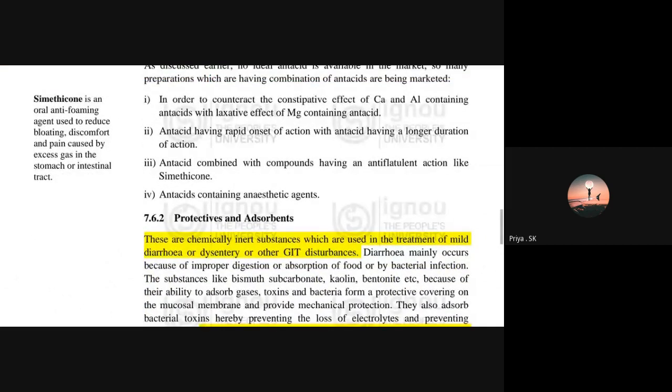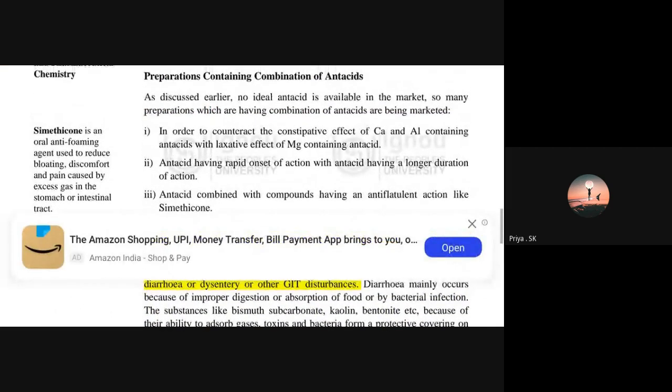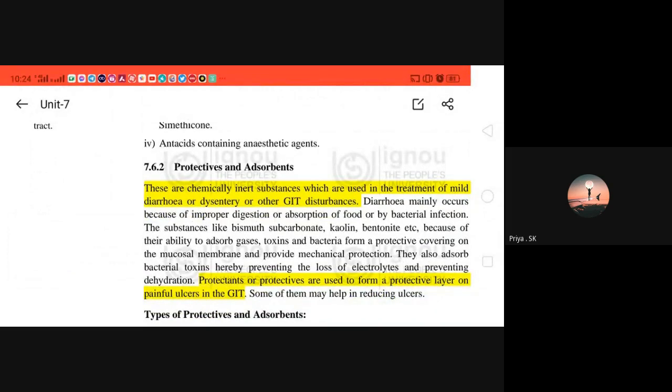Now, protectives and adsorbents. These are chemically inert substances which are used in the treatment of mild diarrhea or dysentery or other GIT disturbances. Protectives or protectants are used to form a protective layer on the painful ulcers in the GIT.